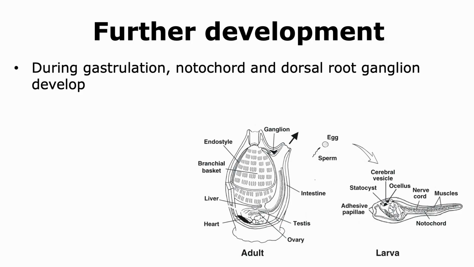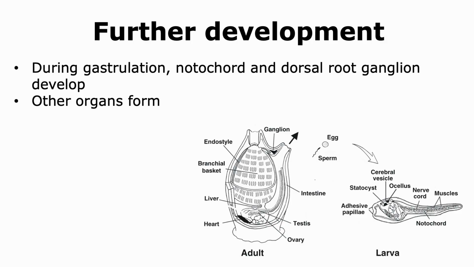Following cleavage, gastrulation occurs, and during the early stages of gastrulation, a notochord is formed. As development progresses, the dorsal nerve cord also develops, and the notochord and dorsal nerve cord development are characteristics of all organisms that belong to the phylum Chordata.